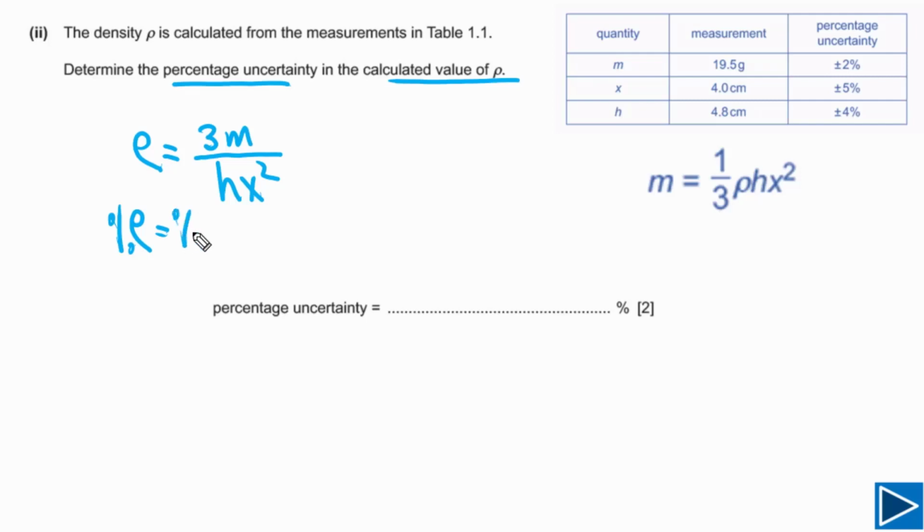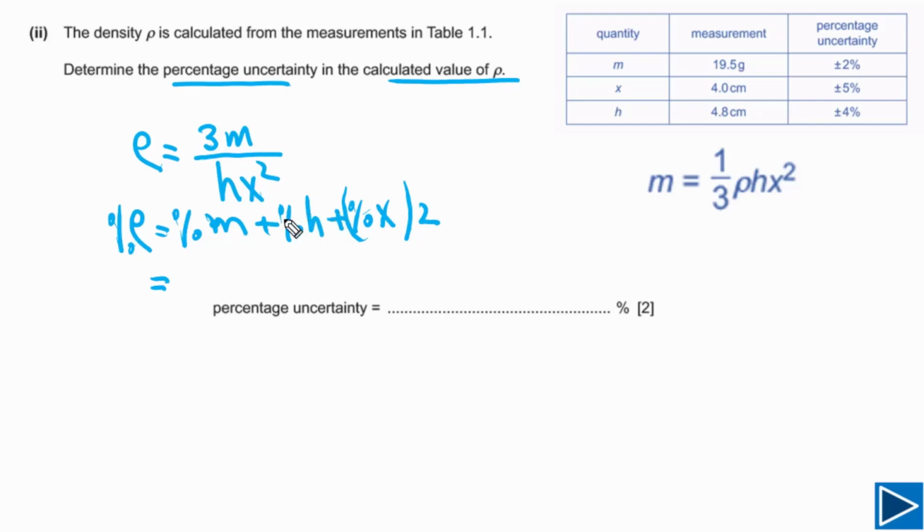So what we need to do is add the percentage uncertainty in M plus the percentage uncertainty in H plus the percentage uncertainty in X. But X has an exponent, it has a power, so we need to multiply this by its power, and that's all we need to do.